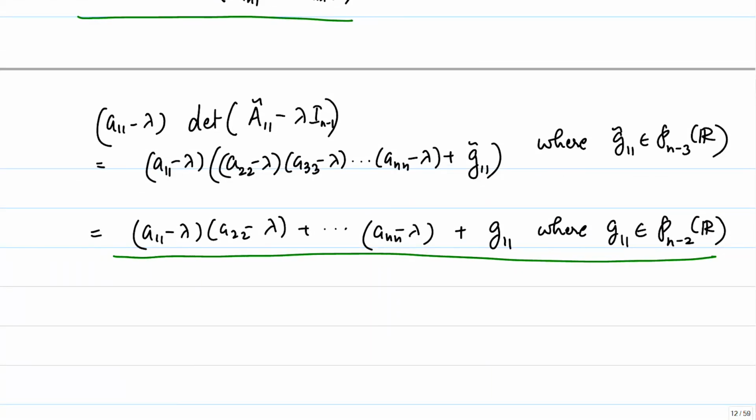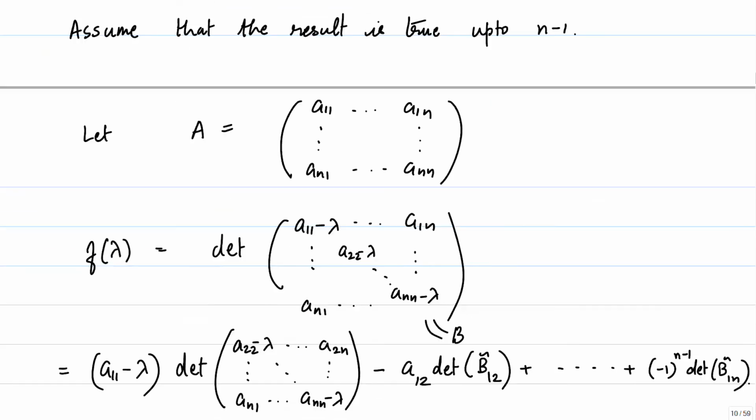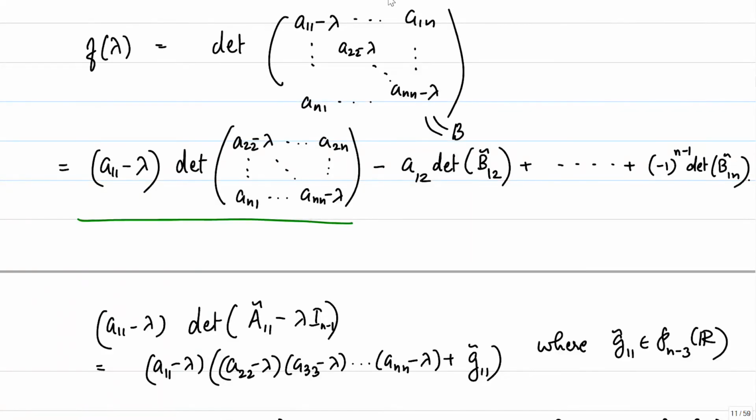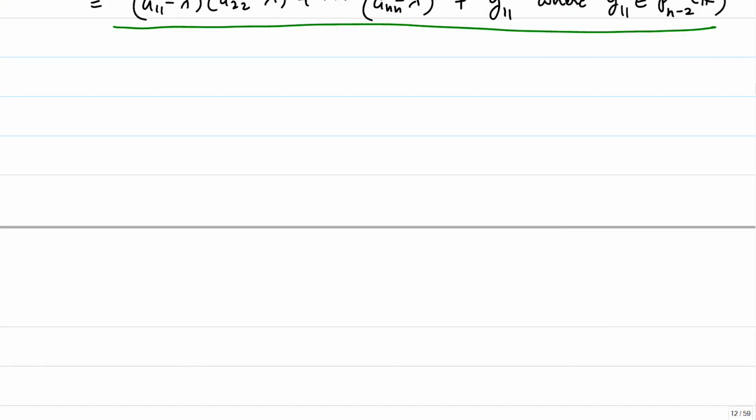Now let's focus on the next term, which is being underlined in red. If you notice carefully, what is this? This is A12 times the determinant of B12 tilde. What is B12 tilde? It is the matrix obtained by removing the first row and the second column.